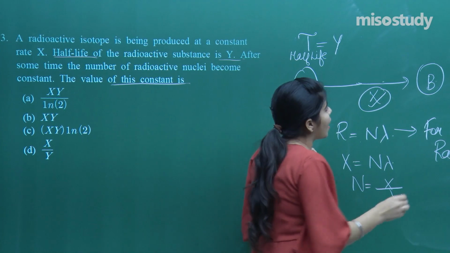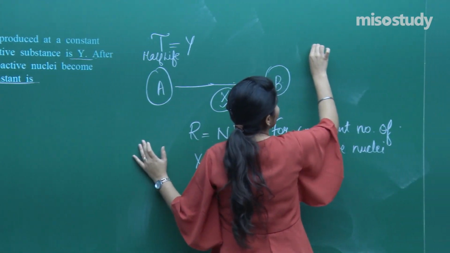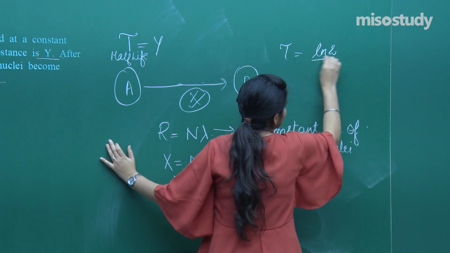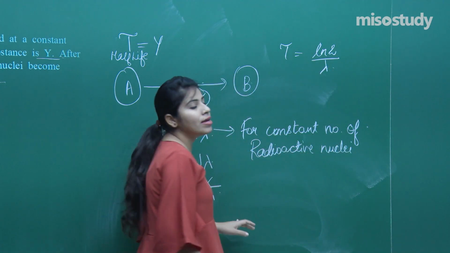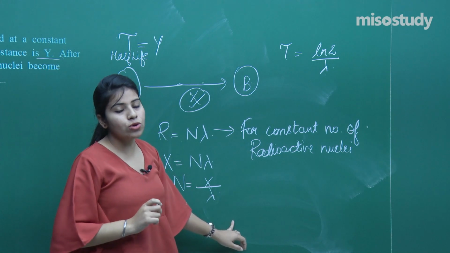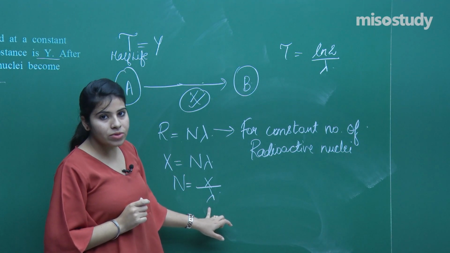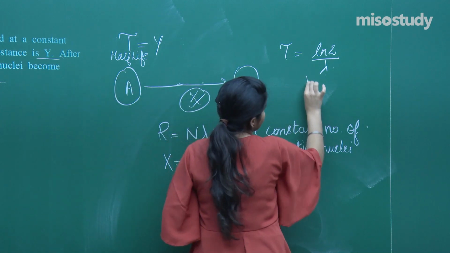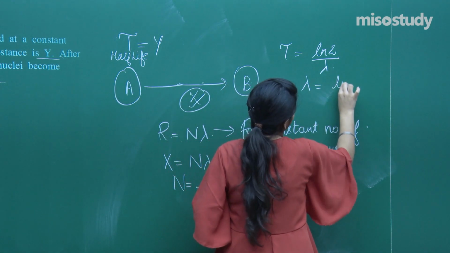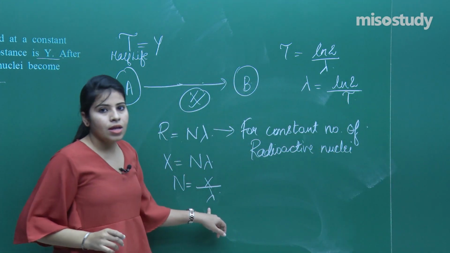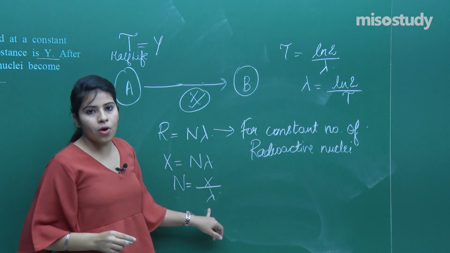We have one formula before us, T equals log 2 by lambda, where lambda is the decay constant. So from this equation we have the value of lambda as log 2 upon T.